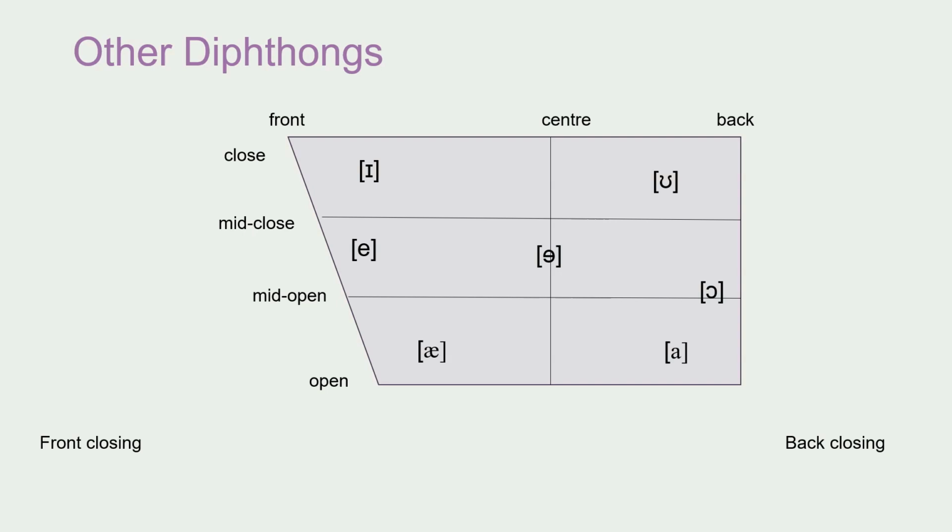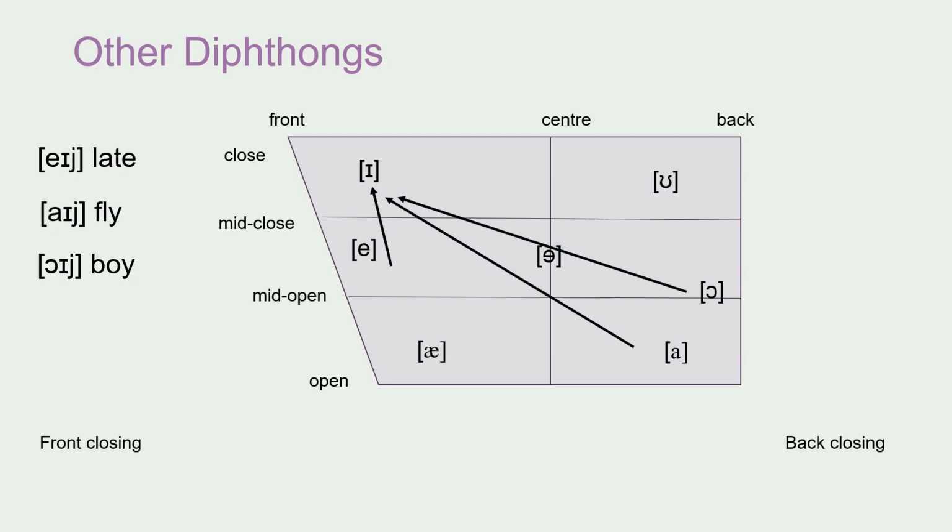We've got late, A. It starts at the E position and moves up to the E position, eight, late. Another one is fly, I. Starts near to the R position, not quite up there, but moves up to the E position, I. And boy, that's the oi vowel.